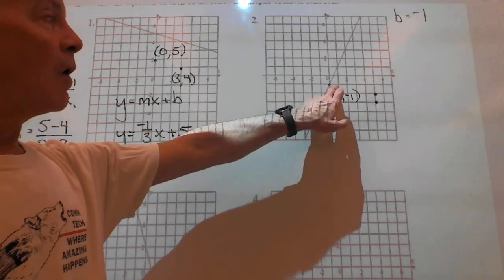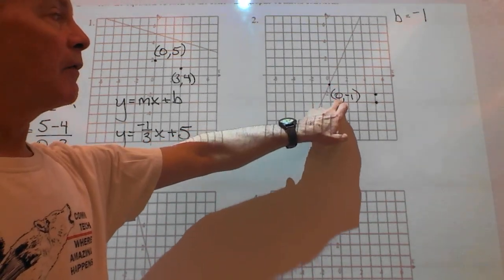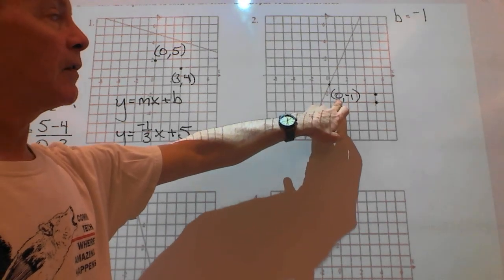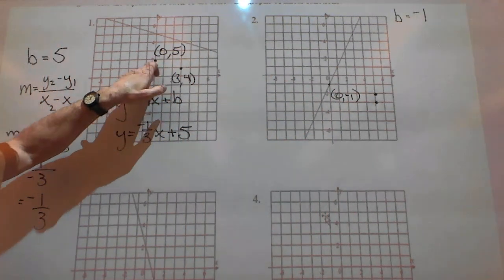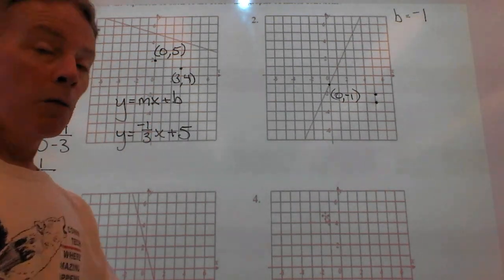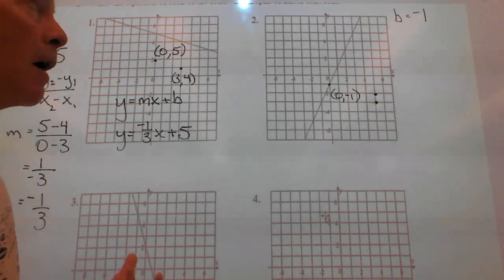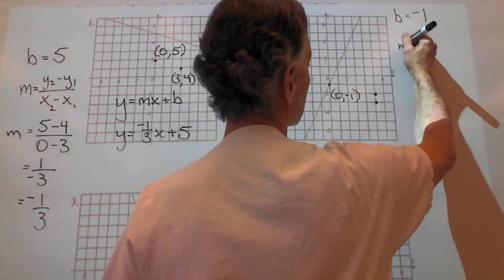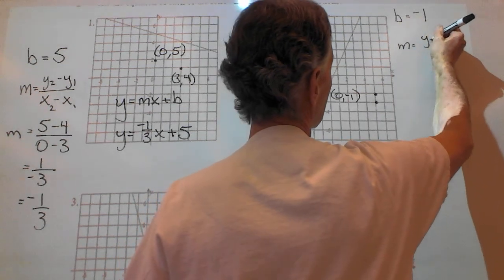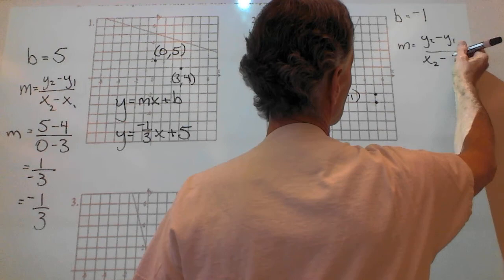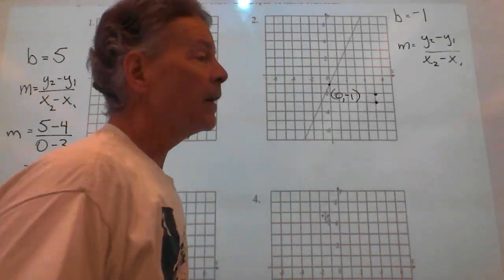Remember I told you all y-intercepts will always have a value for their x-coordinate of 0. Notice this one has an x-coordinate of 0, and the one we just did has an x-coordinate of 0 as well. So we've got one point. Now we have to find another, because remember, we haven't been told what the slope is. We have to figure that out as y2 minus y1 over x2 minus x1.